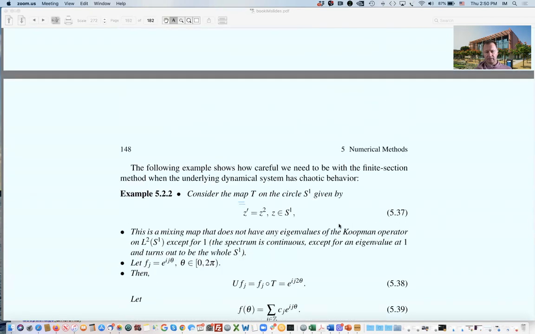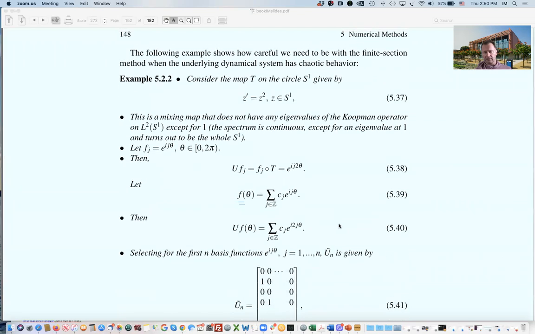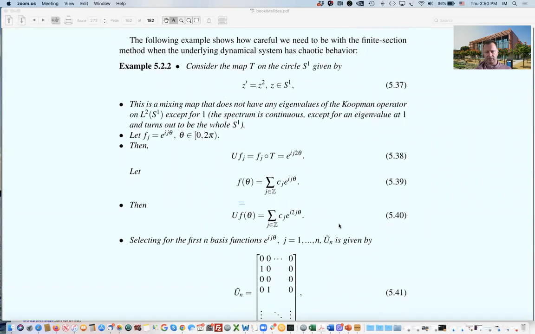Now, here is an example in which the finite section method fails. This is another map on S1, given by z prime equals z squared. Let me draw a little bit here, because this is actually a well-known chaotic map.